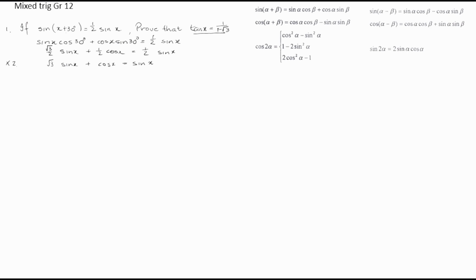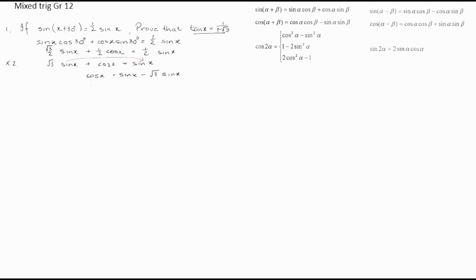Right, I have like terms, so I'm going to take this sine x across to that side over there. So I'm going to be left with cos x equals sine x minus root 3 sine x.